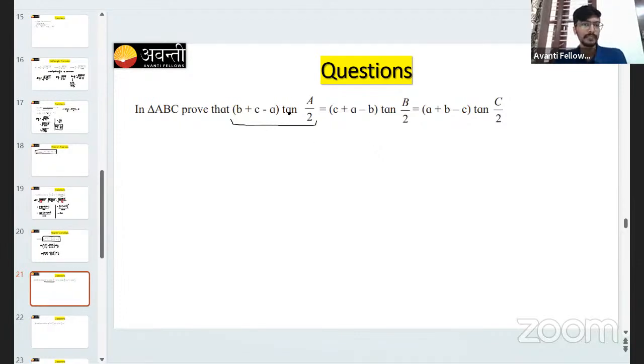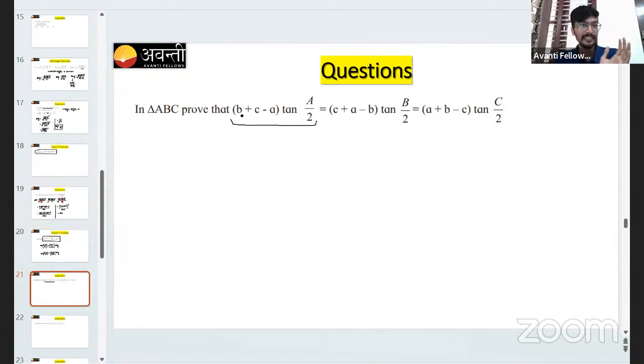Do we only know the formula for tan a by 2? I think I forgot. No, just kidding. Here b plus c is visible, right? See, here I am doing an interesting thing which we'll be doing in further questions also.